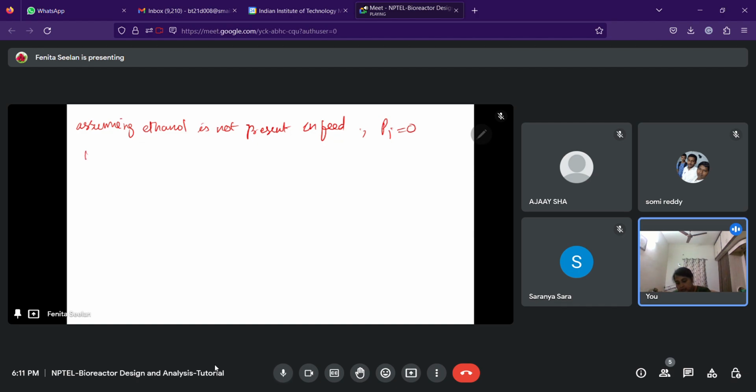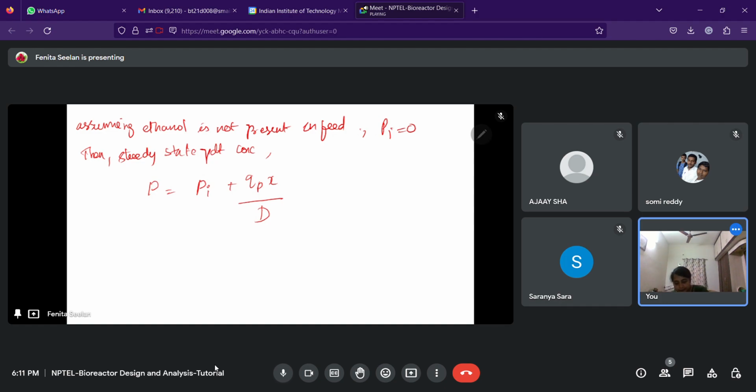Then the steady state product concentration can be calculated by P equal to, this is the product mass balance only, Pi plus QP X divided by D.